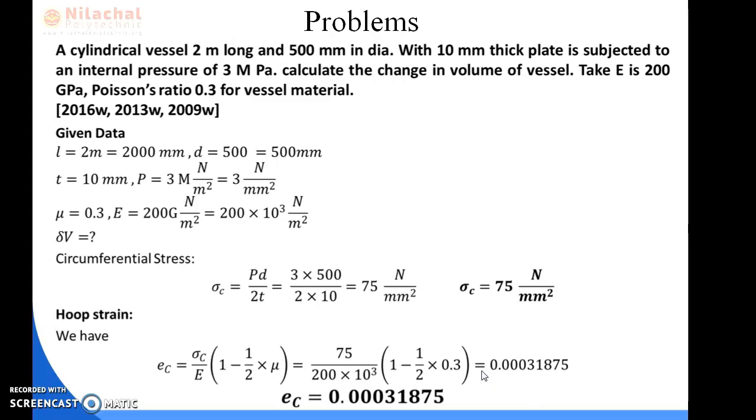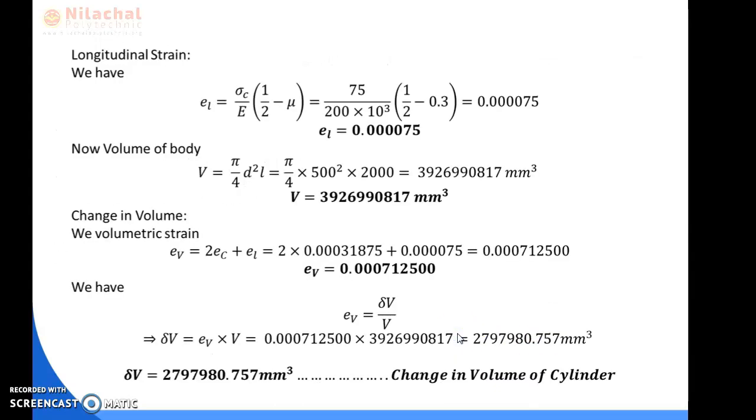This is our hoop strain or circumferential strain produced in the thin cylinder. Next, we have to go for calculation of longitudinal strain.